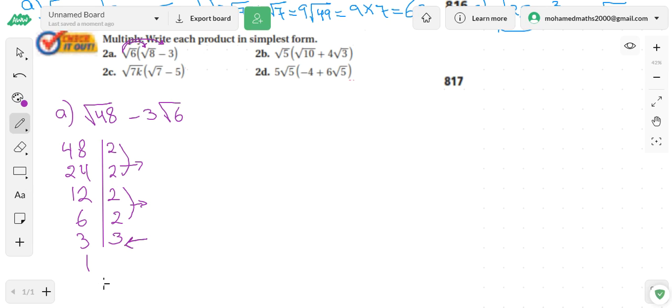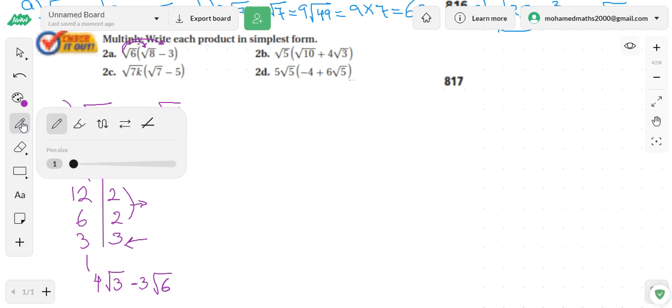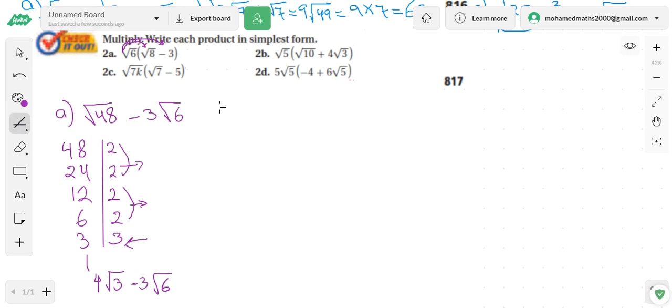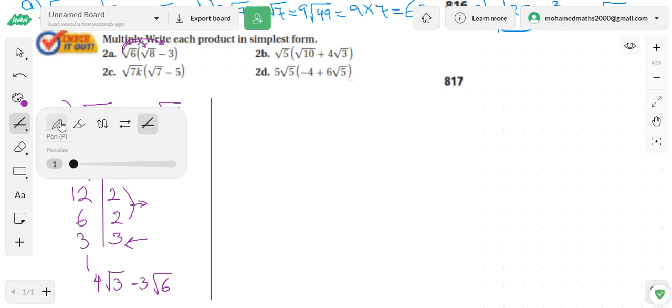So 2 times 2, it is 4 radical 3 minus 3 radical 6. So they are unlike terms, we cannot subtract them. So this is the final answer. 4 radical 3 minus 3 radical 6, they are not in the same radicand, so we cannot add them.